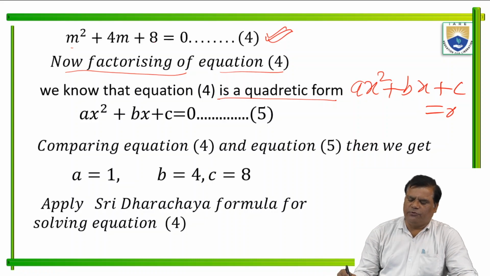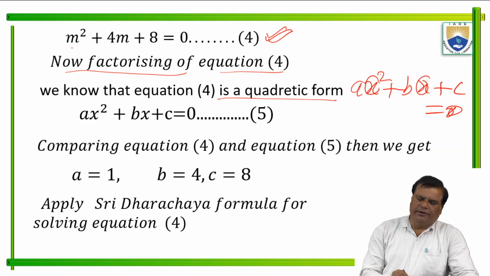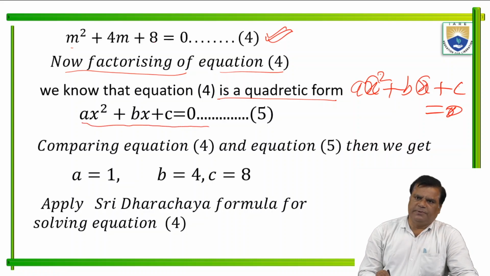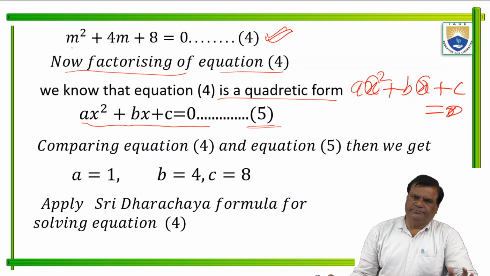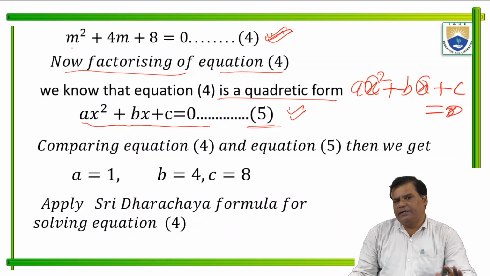Here x has degree 2, then x to the power 1, and c is a constant. a, b, c are constants. So this is a quadratic equation, which I have given as equation 5: ax square plus bx plus c equal to 0. Equation 4 and equation 5 both have the same pattern.